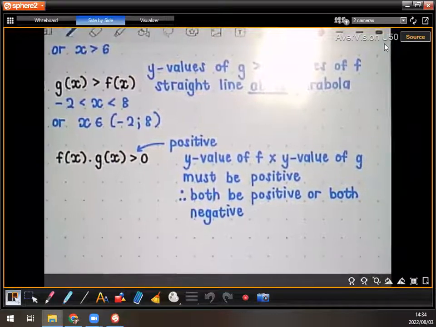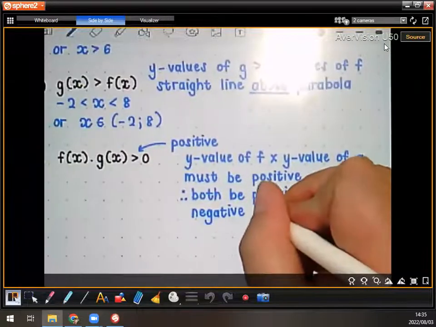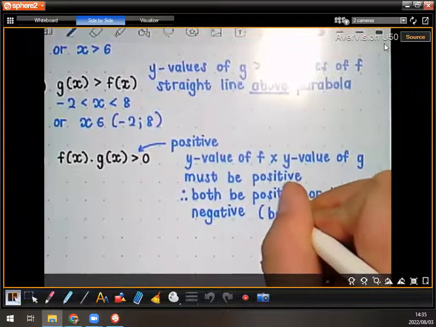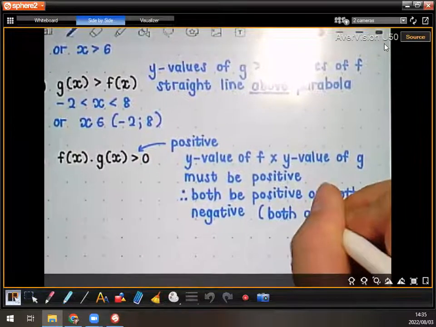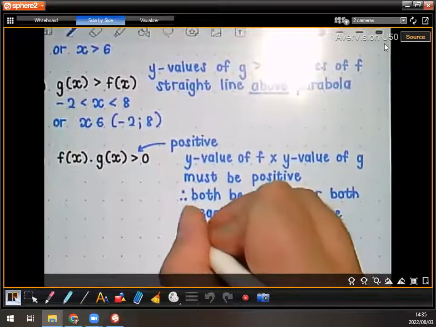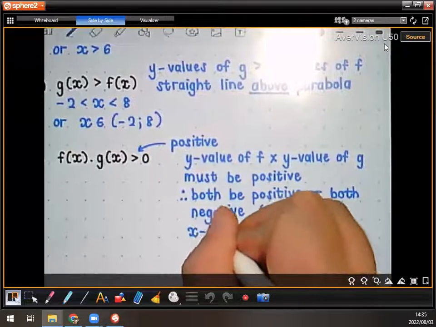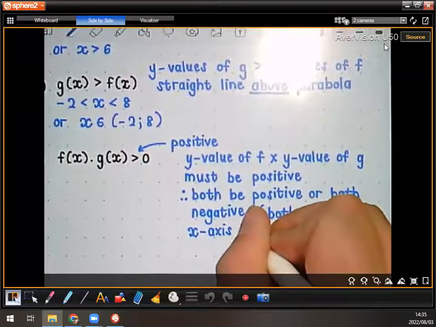Now, how do we look for where a graph is positive again? What did we look for during the first question? We look for where the graph is above the x-axis. Okay, so we can further simplify this by saying both above x-axis or both below x-axis.